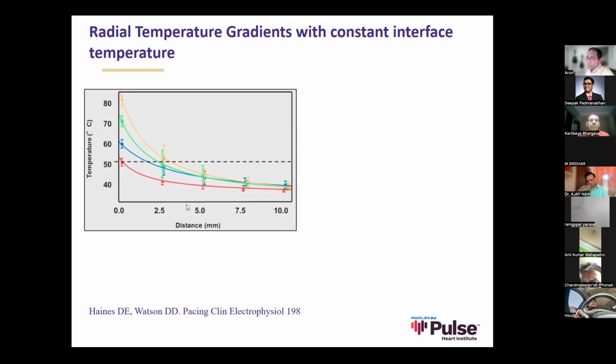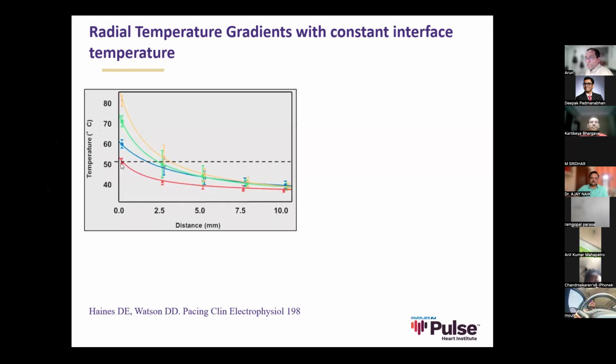Bottom line, if you look at the yellow curve, if you heat the catheter tip tissue interface to 80, you will see that up to 2.5 millimeters you have a tissue temperature of more than 50, but beyond 2.5 millimeters your tissue temperature goes down. That means you have a good lesion up to 2.5 millimeters.